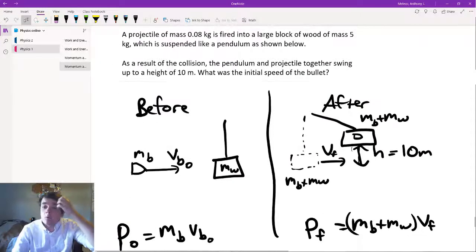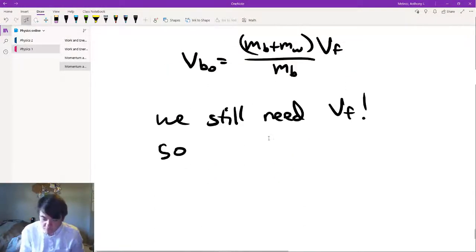Is there a way where if we knew the height, we could get velocity? Yes. After the collision takes place, there's no more loss of energy. So what we can do is we can use energy to pull this off.